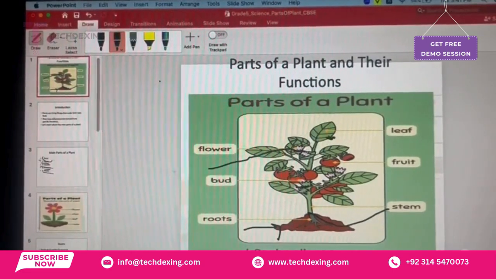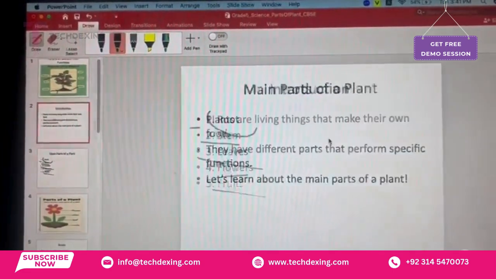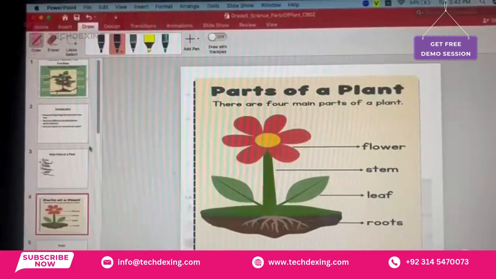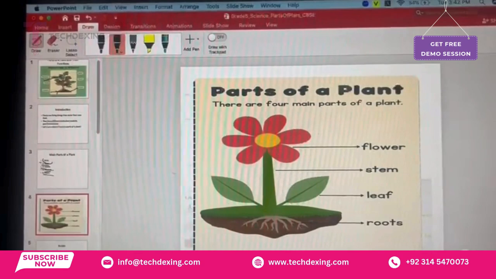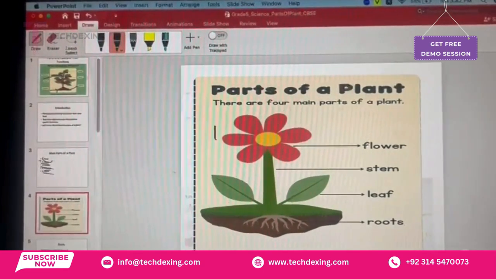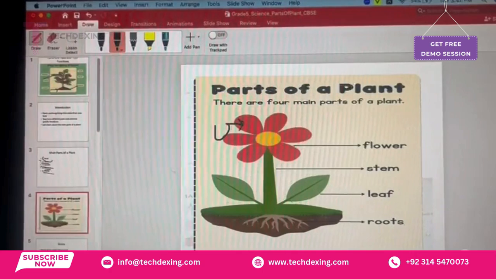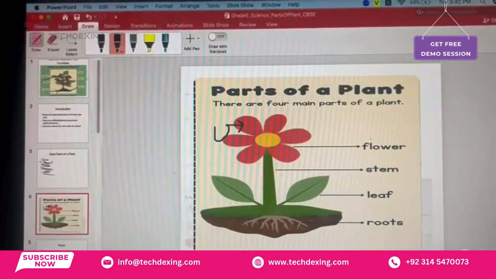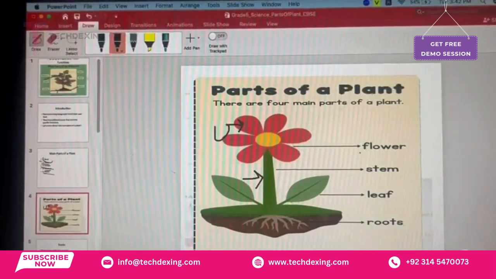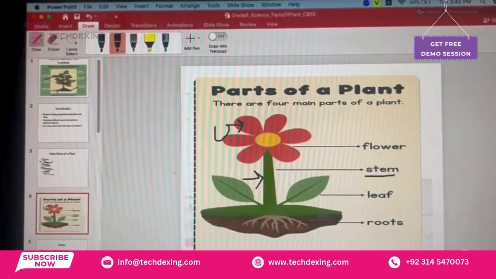The green part is what? Leaf. We have these parts of the plant basically. The colorful part is what? Flower. That green part is what?